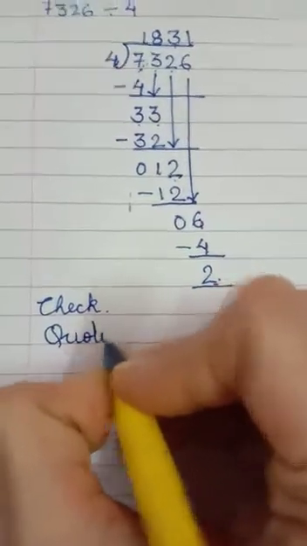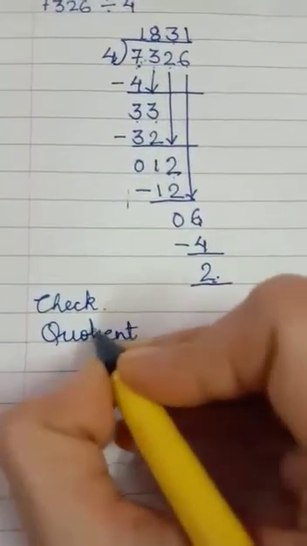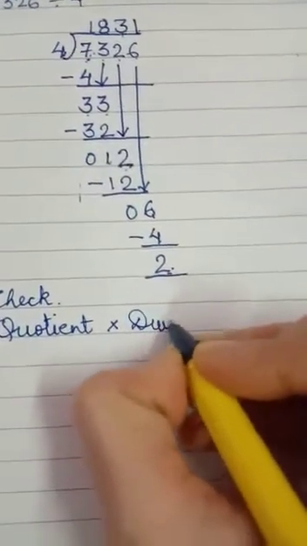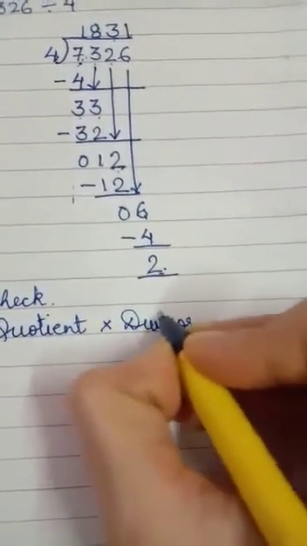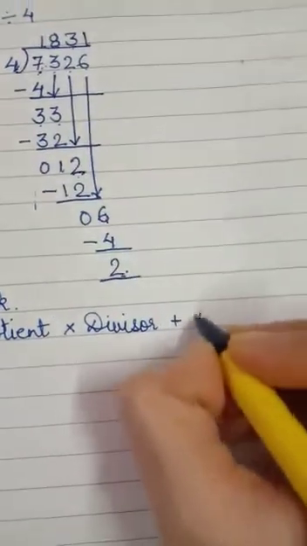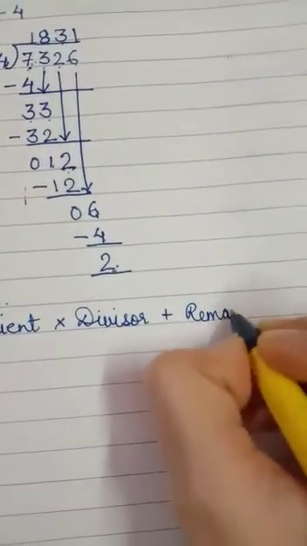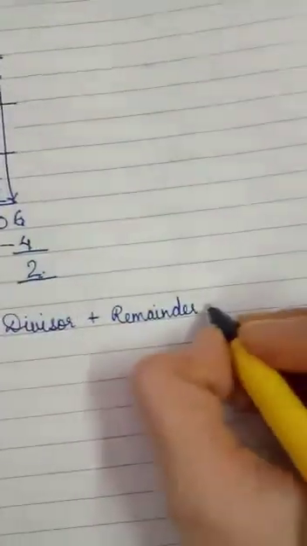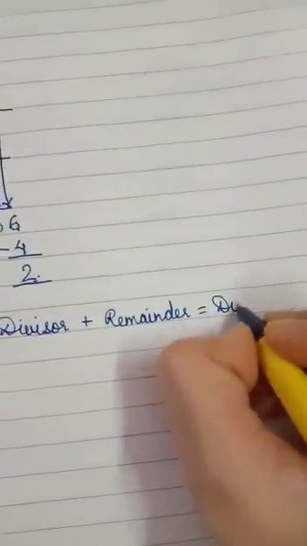Quotient multiplied by divisor plus remainder is equal to dividend.